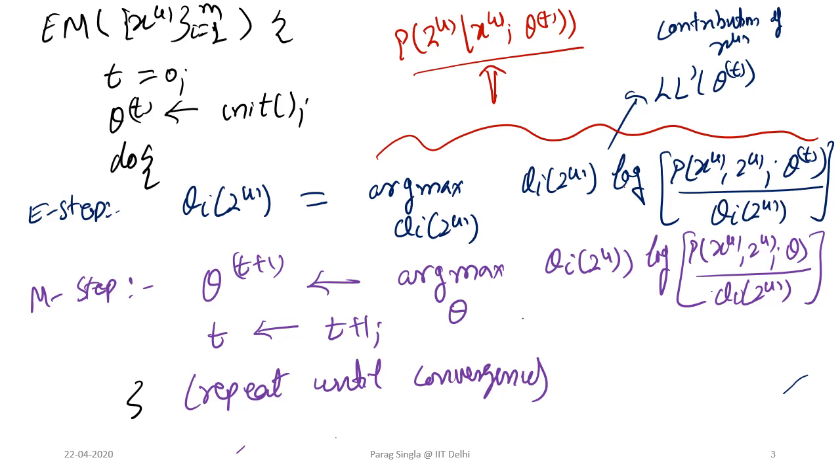But in one case we are optimizing with respect to Q_i(z_i), and in the other case we are optimizing with respect to theta. Just one more correction here: in the M step this is a sum over all possible examples, and in the E step, this is for all i. Okay, let's proceed to the next slide.